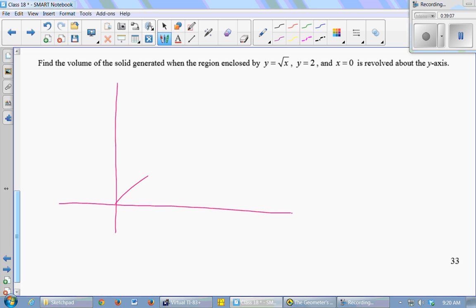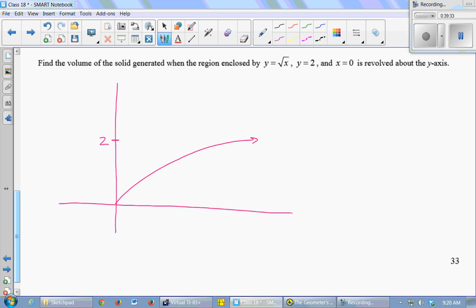Okay, so I have square root x. Y equals 2 is up here. And x equals 0 is the y-axis.